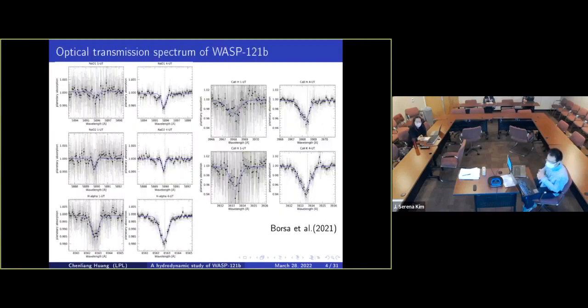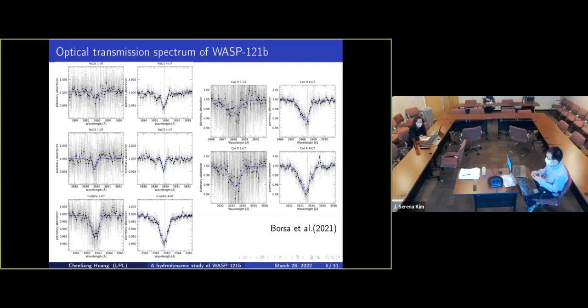So the features I'm talking about are like this. This is the paper by Borsa et al. 2021 on the hot Jupiter WASP-121b. There are a bunch of optical features like the sodium doublet, H alpha, H beta, and the calcium H and K lines.